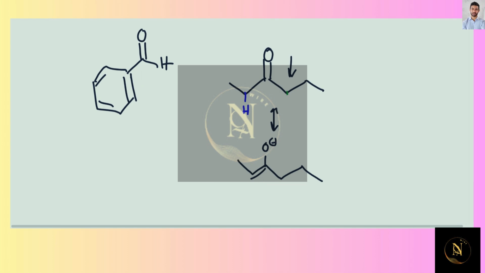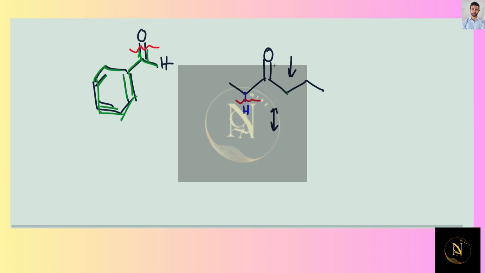So we consider the alpha proton here. And then we look at the carbonyl on the other side, and we cut this in half. We cut this off, and then we can glue the rest of this molecule to the alpha carbon.